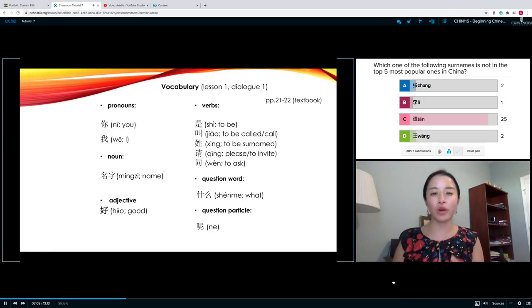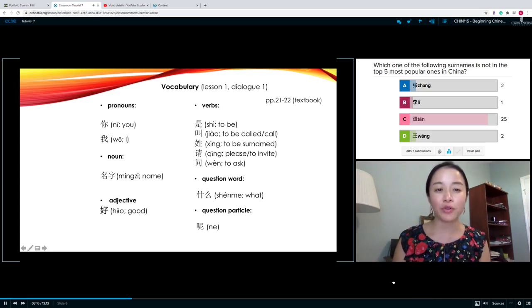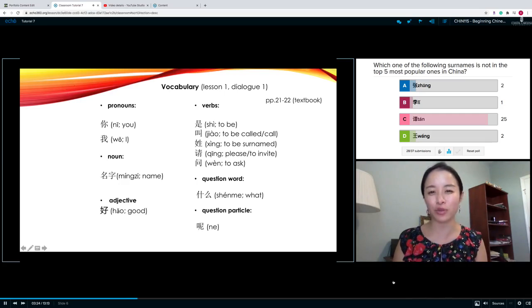Here are all the words that you need to know to greet people and introduce yourself in Mandarin Chinese. Let's go over them together. Group 1 is pronouns. 你, 我. We have covered these two in the first week too.